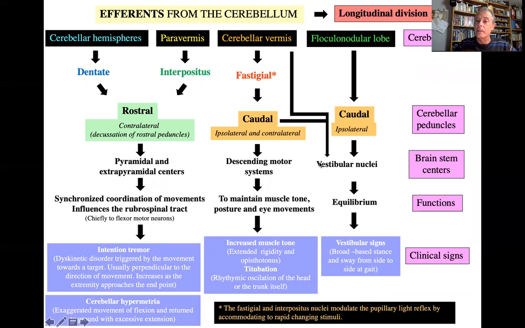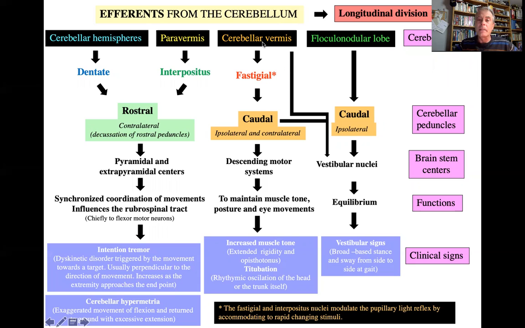However, the vestibular nuclei, they also receive fibers from the cerebellar vermis that they do not go to the fastigial, and what they do is they go straight to the vestibular nuclei, and they go through the caudal cerebellar peduncle. Okay, so lesions in these areas may end up having vestibular signs, broad-based stance, and sway from side to side at gait.